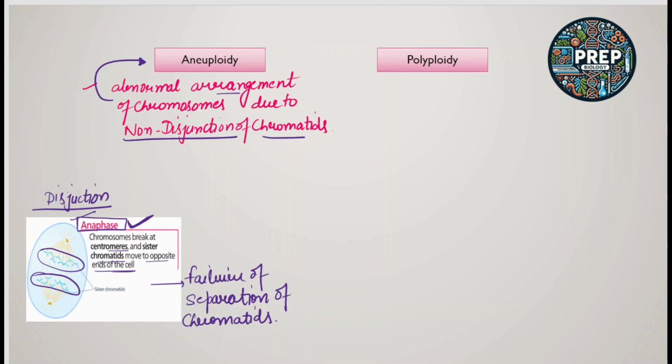Now aneuploidy is divided into two categories. First is hypoploidy and second is hyperploidy.